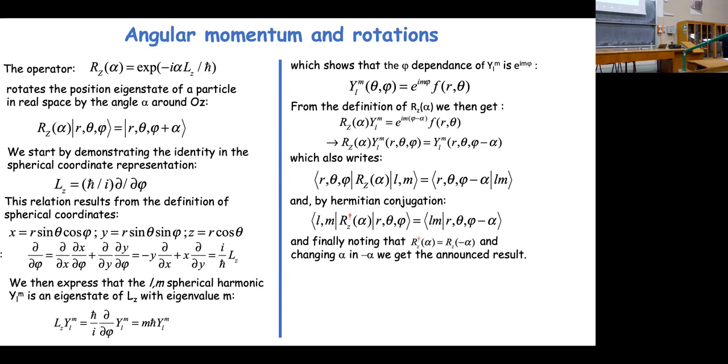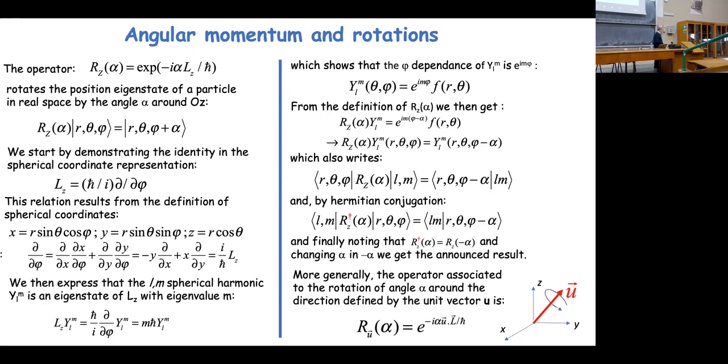So if you want to suppress this Hermitian conjugation, you have to change alpha into minus alpha, and then you get the result, which is here. The rotation goes from phi to phi plus alpha. So this rotation operator is obtained here as a rotation around the z-axis.